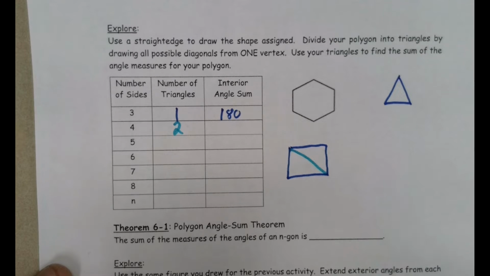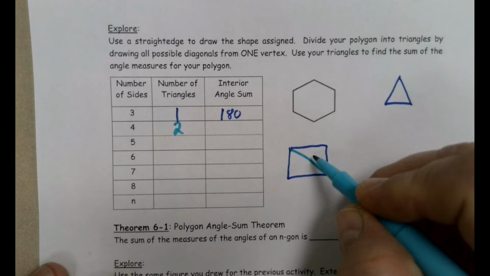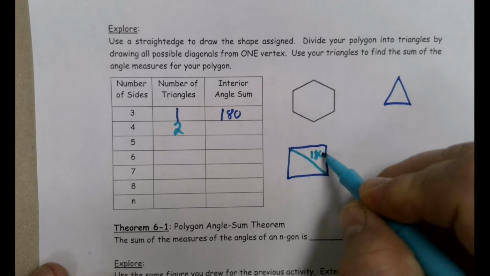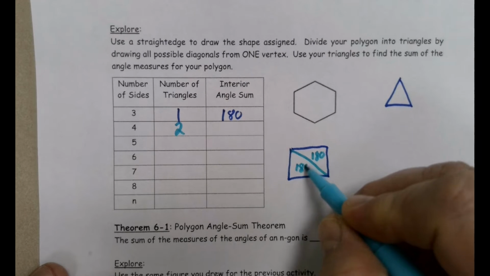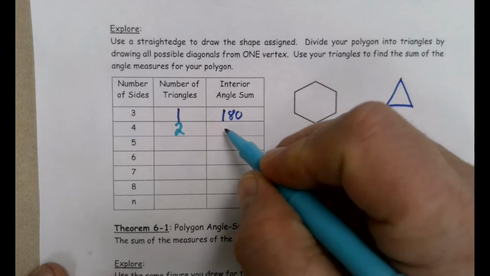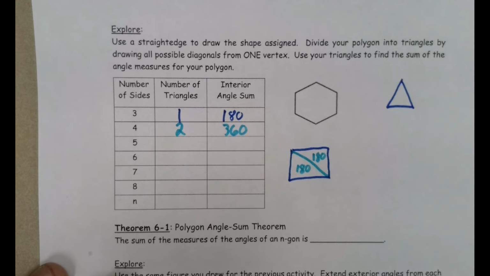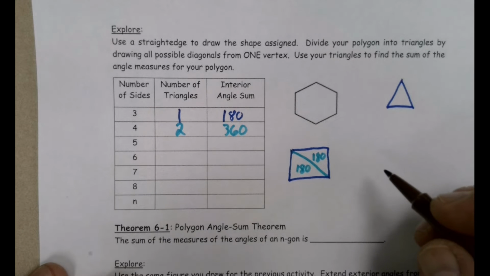If you look at the number of degrees in here, this is 180 for that triangle, and that's 180 for that triangle. So my total interior angle sum is going to be 360.